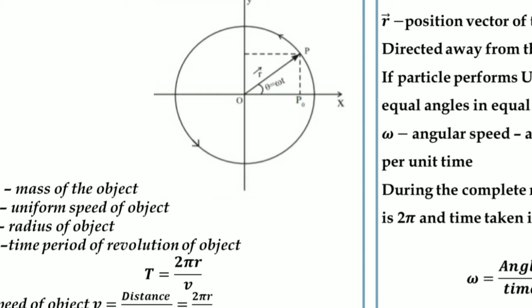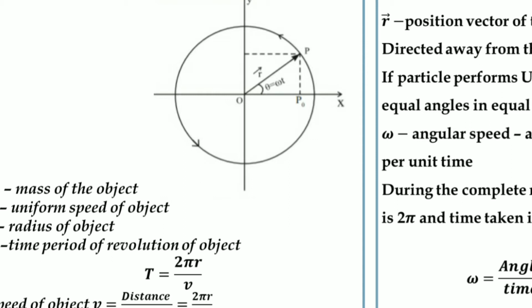It's a nearly circular orbit, and this is the result of constant gravitational acceleration. Due to this constant gravitational acceleration, the moon is revolving around the earth in uniform circular motion.